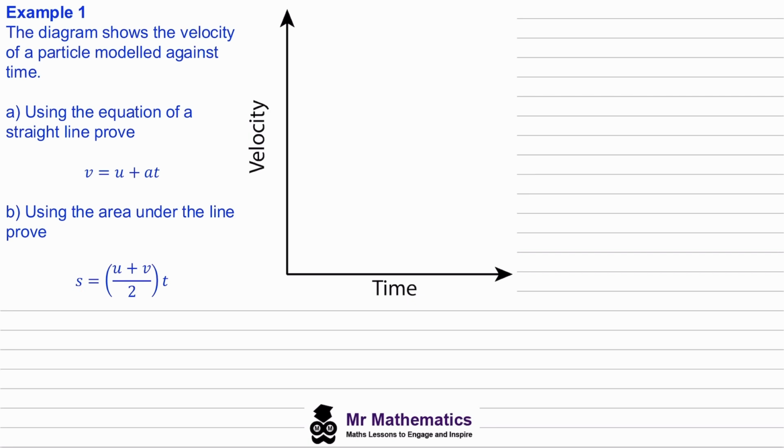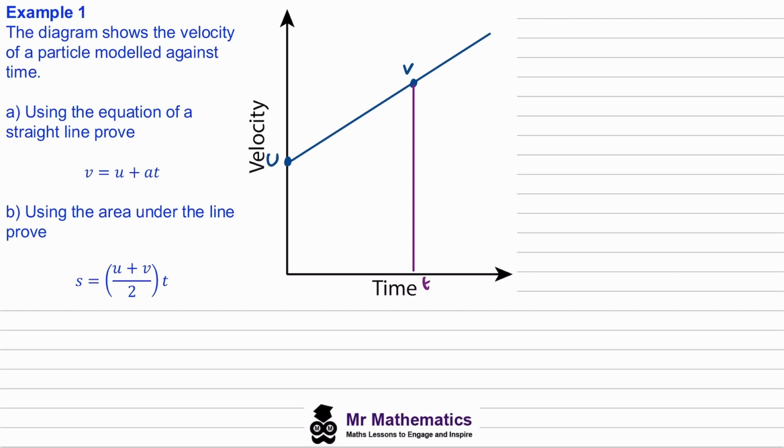So suppose we have a velocity time graph with a constant acceleration. And if we take 2 points on this graph, we'll take the initial point. This will have an initial velocity of u, and then we'll take another point, which we'll call our final velocity v, and this happens after we've travelled for t seconds.